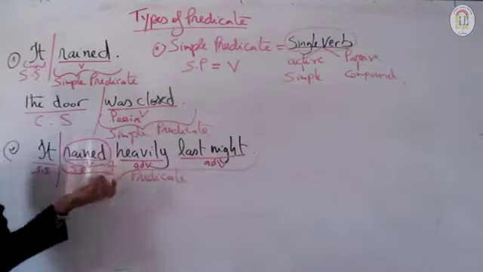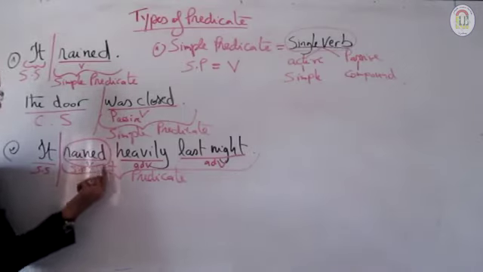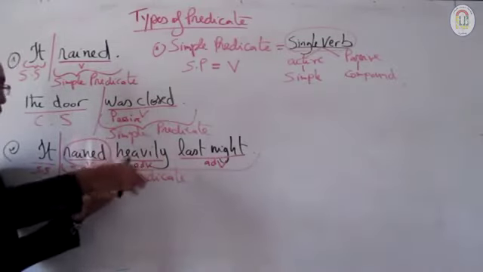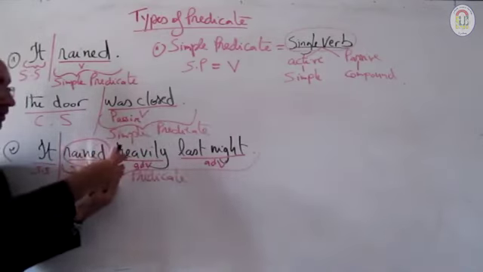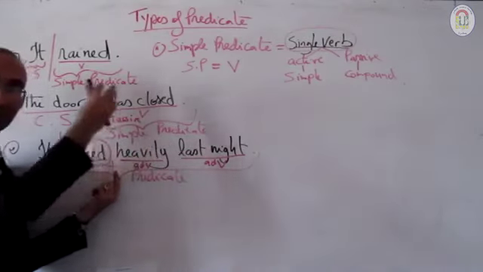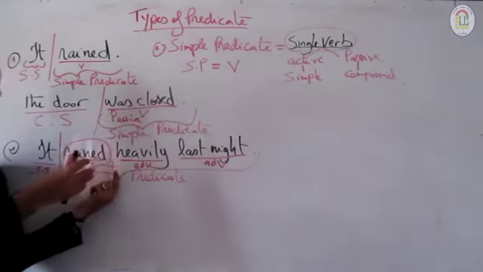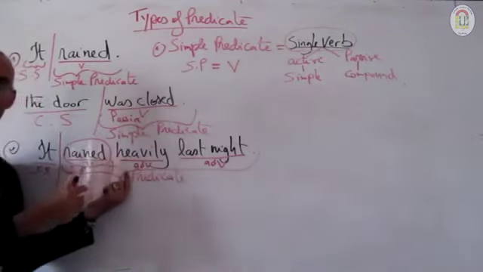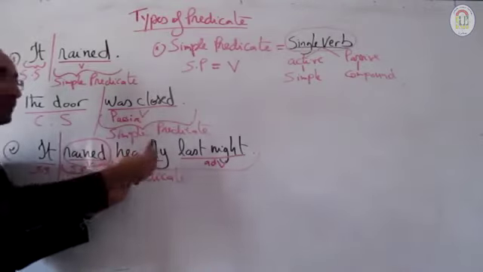So in this case, when I have a simple predicate, or we can say also a verb, plus other elements which come to modify it, whether adverbs, even adjectives, phrases, objects, direct object, indirect object, complements.